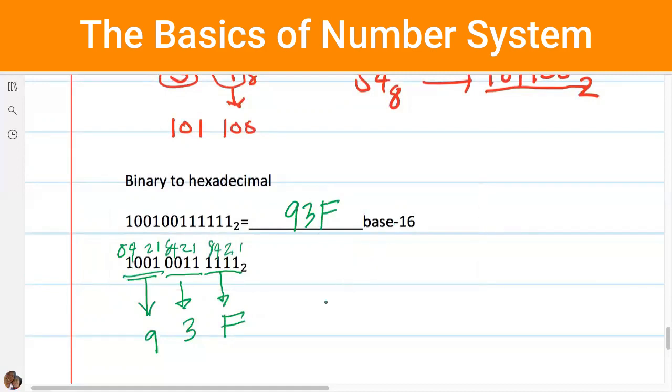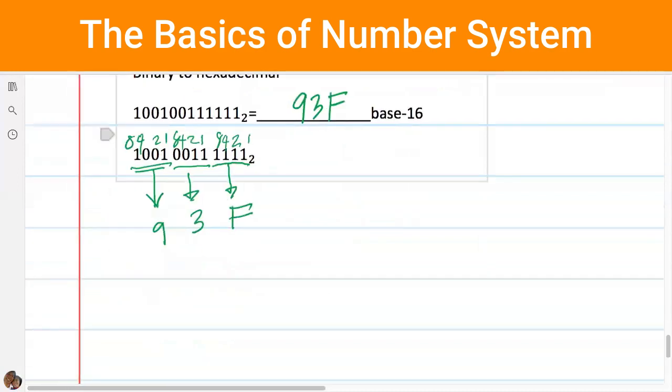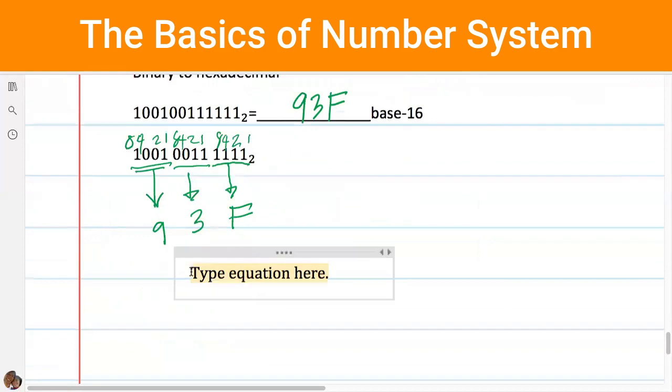All right, now let's try to do the reverse. Let's say I have here a base 16 number, let's say A, B, C in base 16.